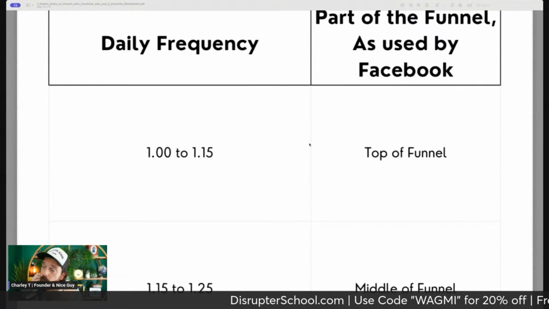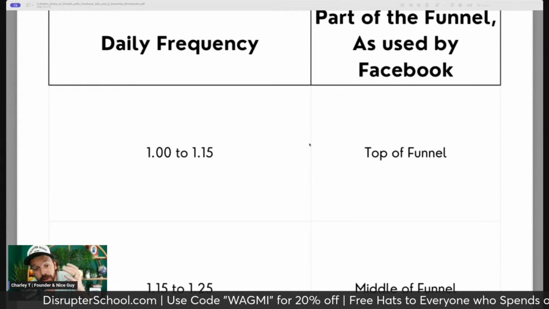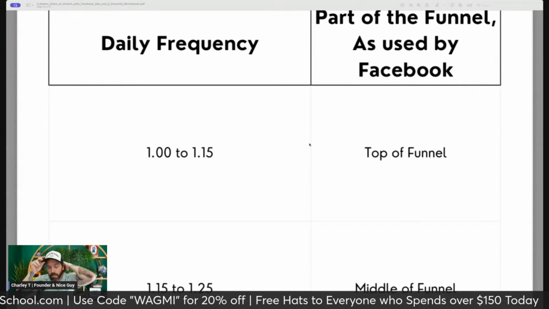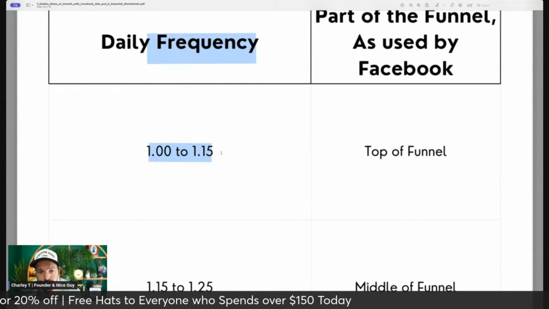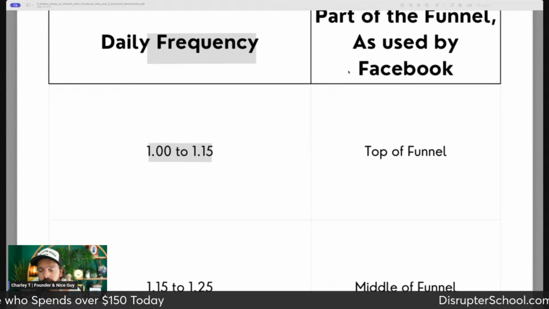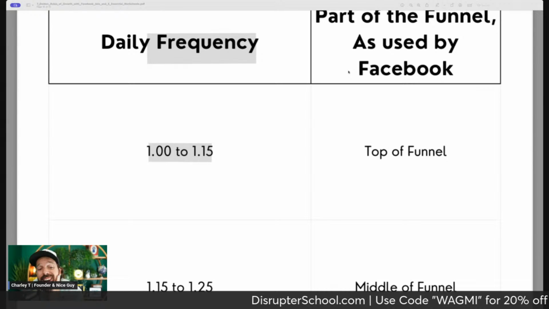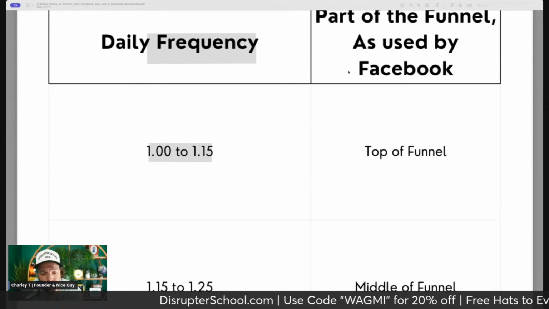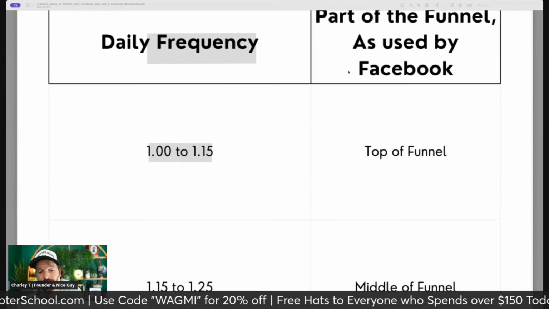So in your winner's ad set, in your proving ground, if all of your ads are sitting here, maybe the reason that your blended CPA is too high is because all of your Facebook ads are prospecting.